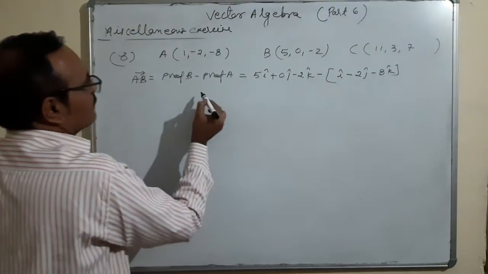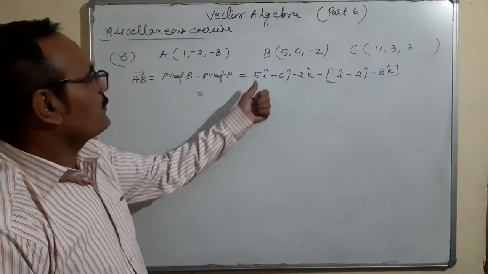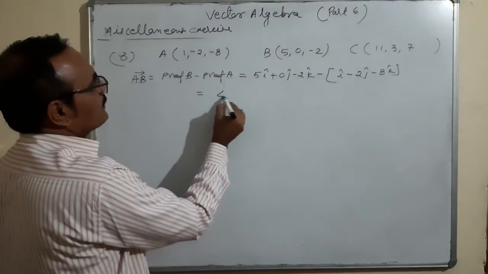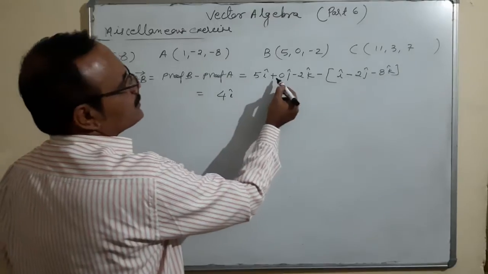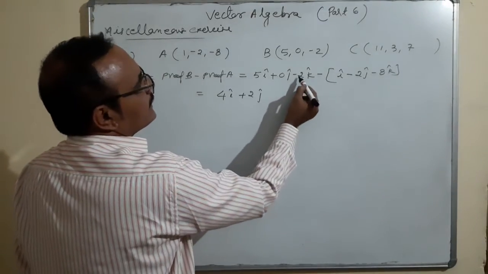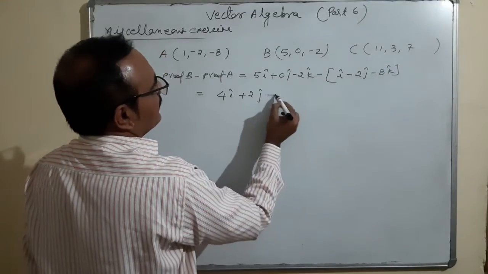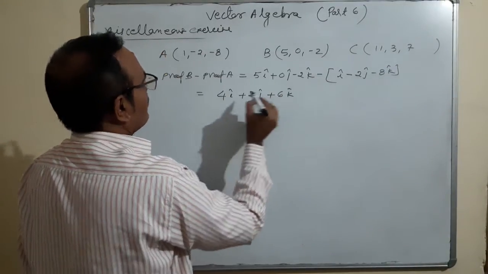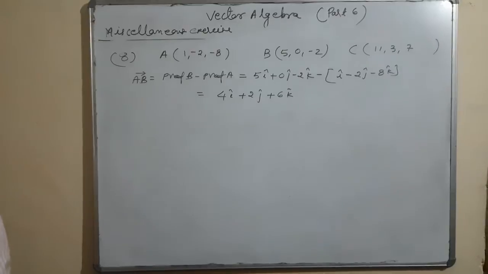Is it okay? So 5i minus i is 4i, 0j plus 2j is 2j, and minus 2k plus 8k is 6k. This is vector AB.